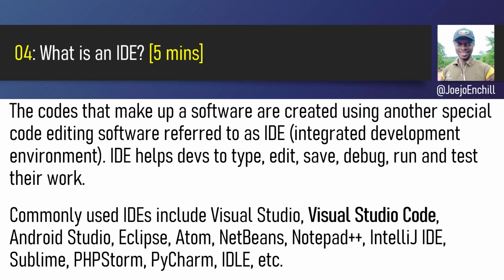Eclipse has other versions for other programming languages. Atom, NetBeans, Notepad++, IntelliJ IDEA, Sublime, PHP Storm, PyCharm. I mean, there are a whole lot of development environments available you can choose from, mainly based on the language you are using and then the project you want to work on.